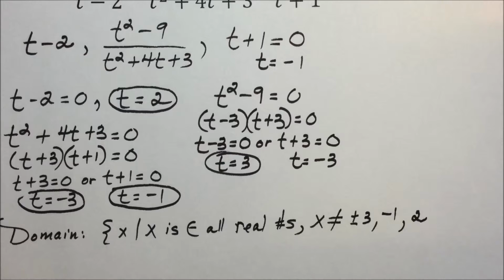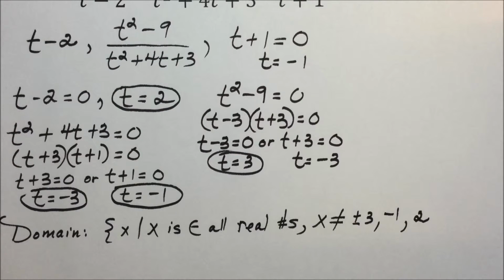Those are the values that are part of our restriction so that we don't run into a division by 0 error.